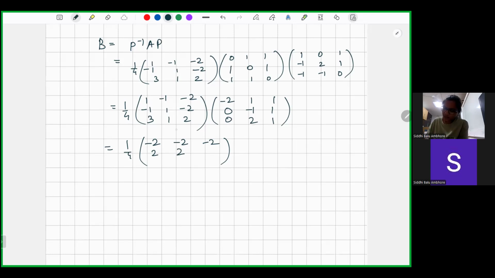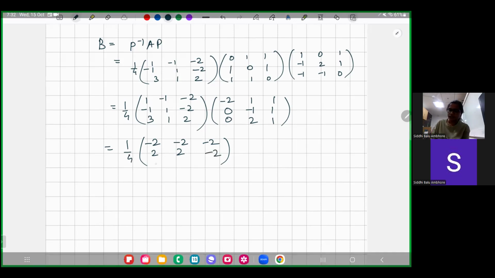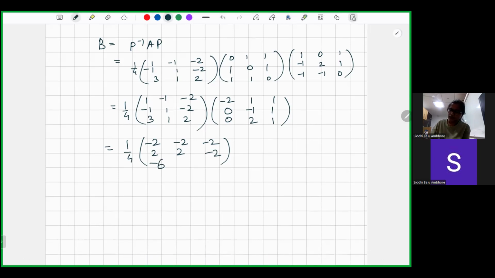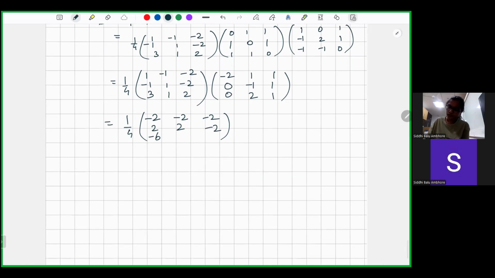And this will be minus 2 again. And the final one will be this minus 6. 3 minus 1, 2 plus 4, that is 8. And final one will be 6 again.